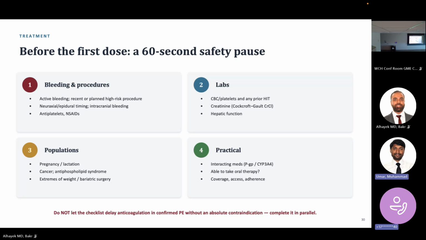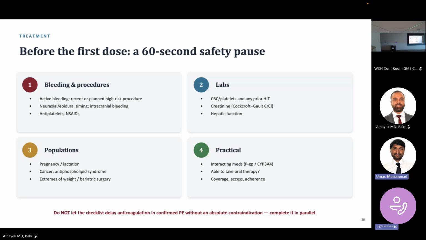Okay, so when you want to initiate something, you go with the bleeding and procedures. What is the risk of bleeding? If I start this medication right now, what is the risk of this patient bleeding? So this is one consideration that you have to keep in your mind. What is the score that evaluates for bleeding risk? Yep.